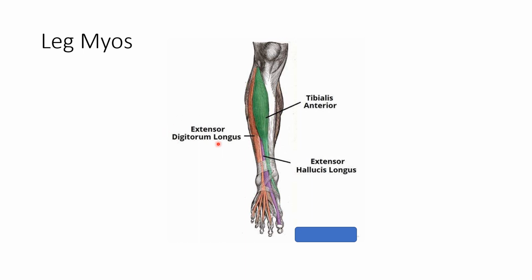Now, you also happen to have an extensor in here. The extensor digitorum longus projects down into the ankle and is involved in extension, the opposite of the tibialis. And you also have a second extensor here, the extensor hallucis longus, which is buried a little bit deeper down in there. And again, it's doing exactly what it says. It's an extensor.